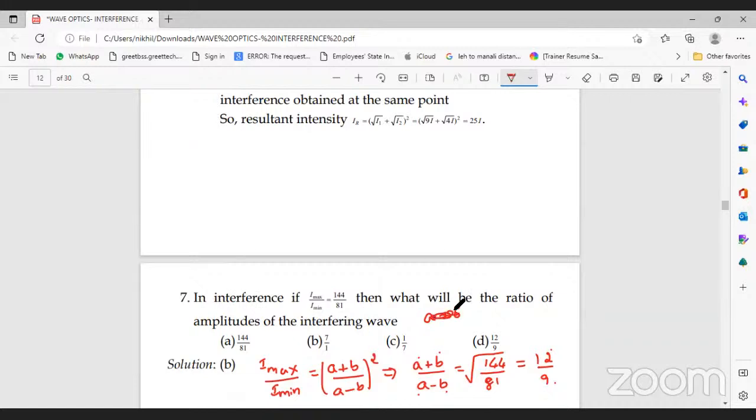You do one thing, do the cross multiplication. 9A plus 9B is equal to 12A minus 12B. You find what is A by B from this.